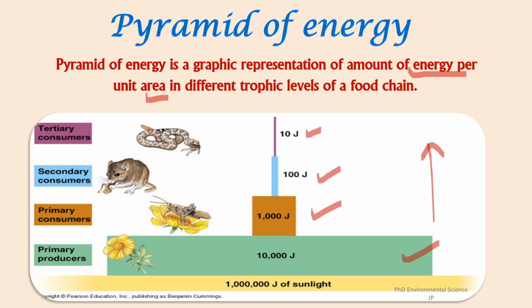Pyramids of energy are always upright because energy transfer between trophic levels is inefficient, with a consistent decrease in available energy as one moves up the pyramid. Pyramids of numbers and biomass can be upright or inverted, but the pyramid of energy is always upright because the energy decreases with each trophic level.